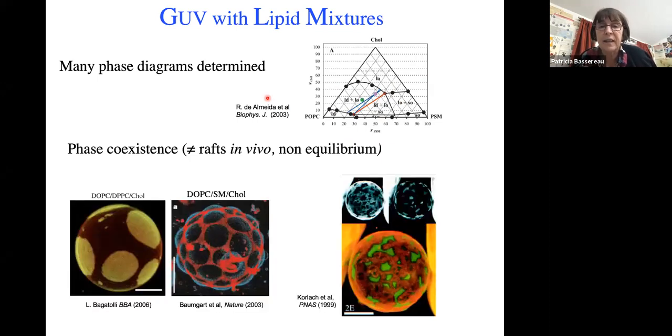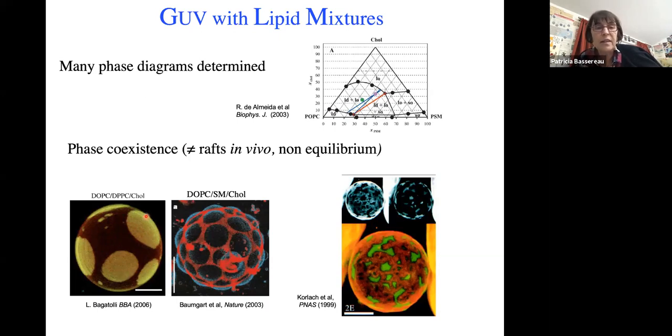And here is an example of one of these ternary mixtures where you have 2 lipids plus cholesterol, and they have a fluorescent marker. You can see that with this fluorescent marker, which segregates specifically in one type of domain, it was possible to identify different domains in this kind of giant vesicle.